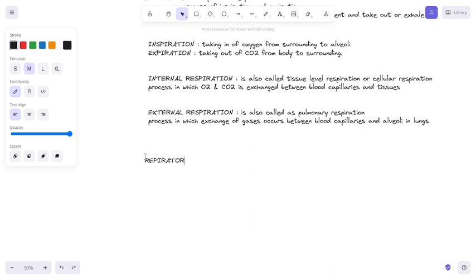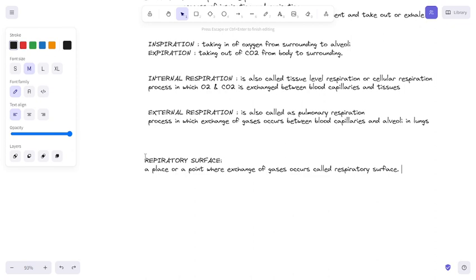Respiratory surface means a place or a point where exchange of gases occurs, called the respiratory surface.